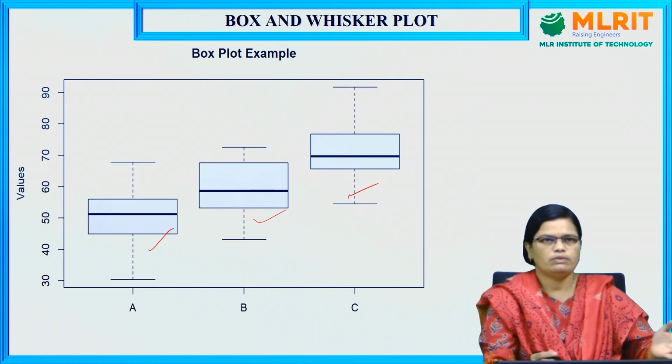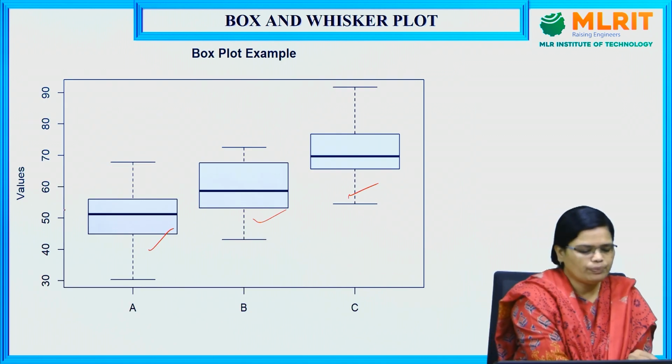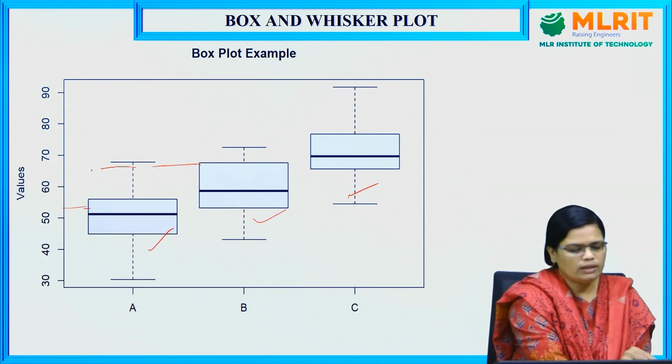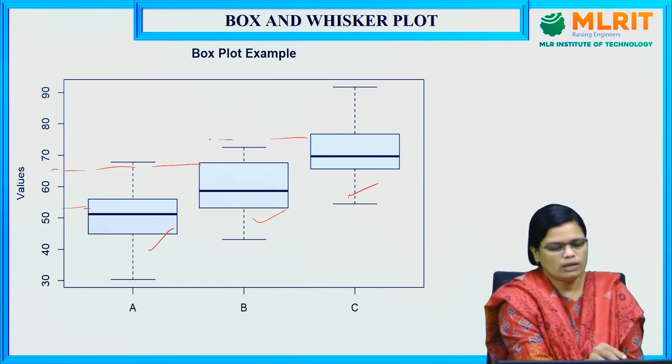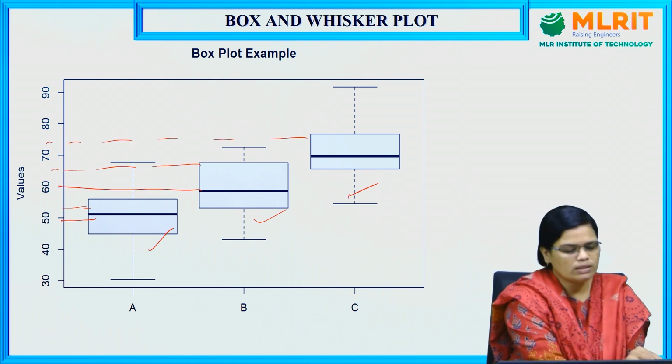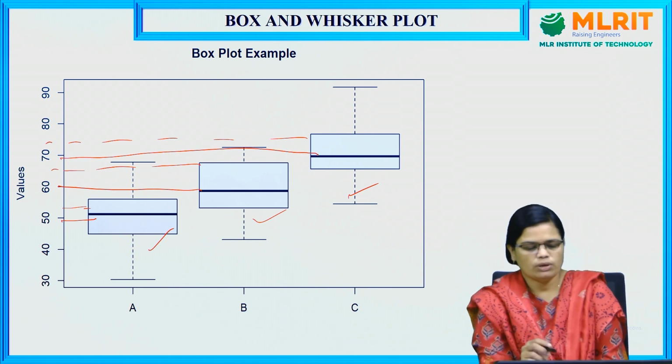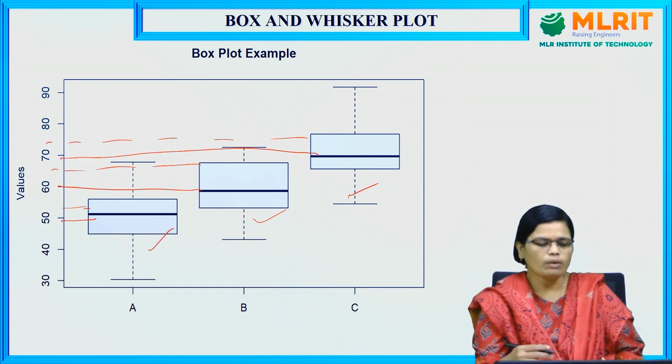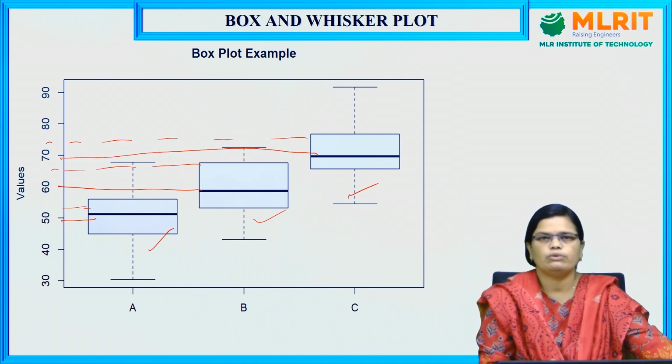So observe the difference. This will be correlating to the 50, this is correlating to the 60, and this is correlating to the 70, because we have the mean value change.